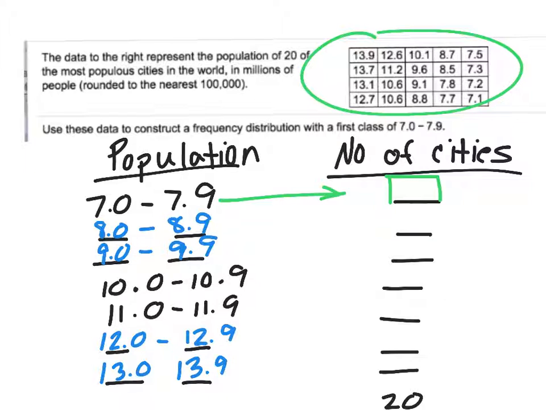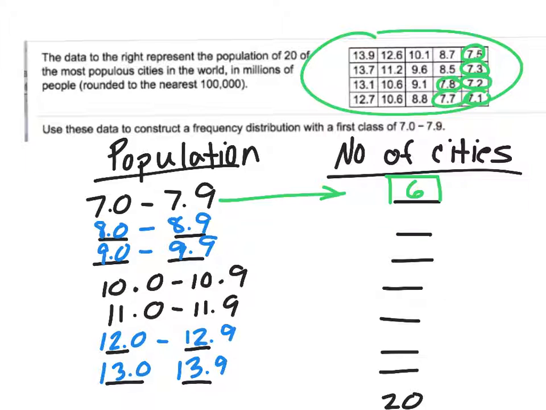So I am going to find all the ones that are between 7 and 7.9. And that gives me 6. So I'm going to fill in 6, because there were 6 cities that fell within the interval of 7 to 7.9.